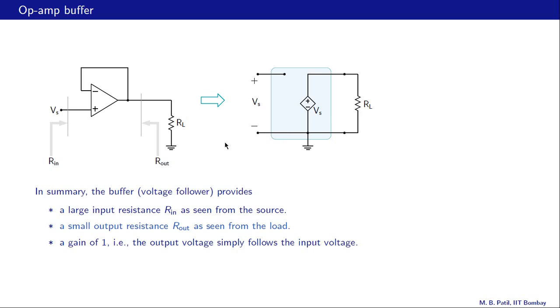We have also seen that the output resistance of the op-amp buffer is very small, almost zero, and therefore we have shown a 0 ohm resistance here, which is a short circuit. We have also seen that the gain of the buffer is just 1, and therefore if this voltage is Vs, this AV times Vi is simply Vs. So that is the equivalent circuit of the op-amp buffer.